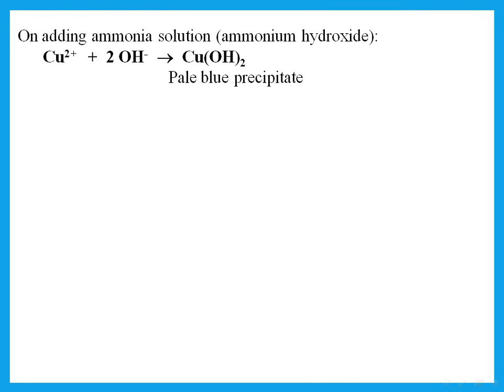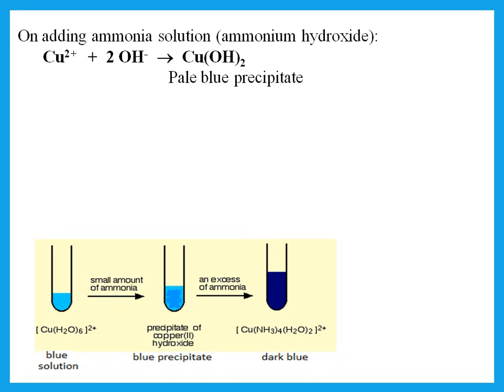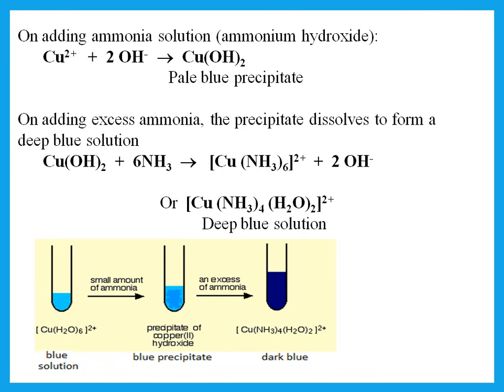Now, when we add ammonia, ammonia solution is ammonium hydroxide. Now, the copper 2 plus will form a pale blue precipitate of copper hydroxide. Then, if we continue to add excess ammonia, this copper hydroxide will exchange the OH with 6 ammonia or 4 ammonia and 2 water.